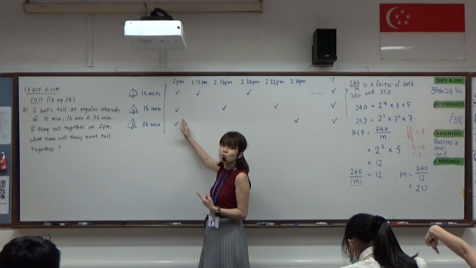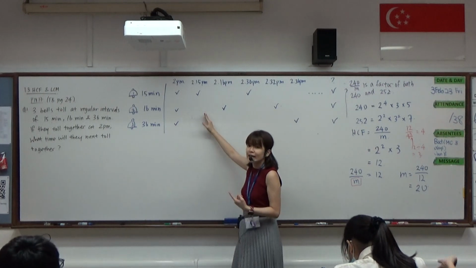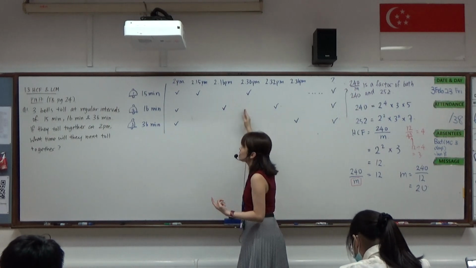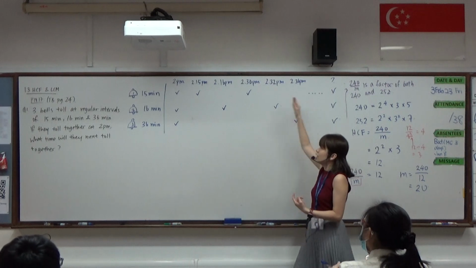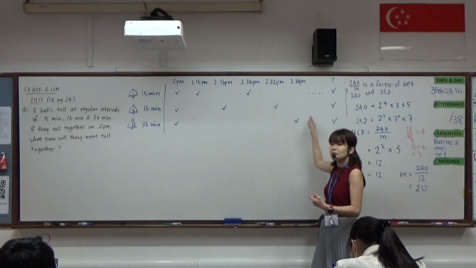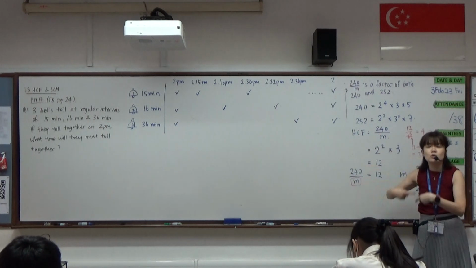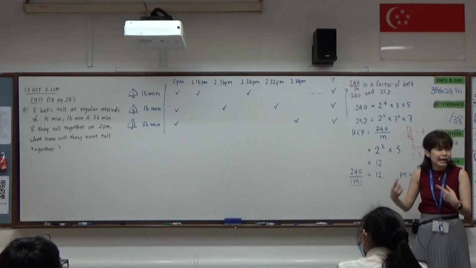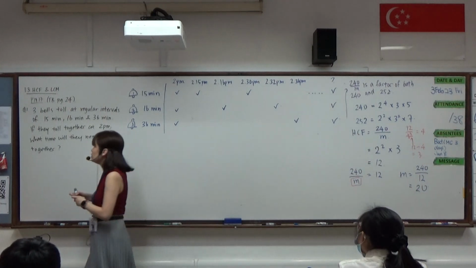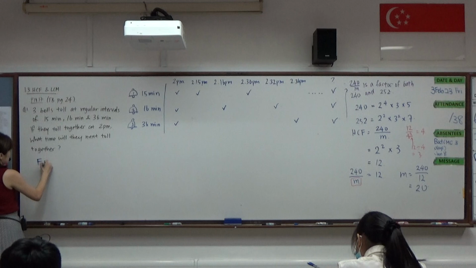It started off ringing once, then it rings a second time, then a third time. So it is going in multiples of 15 minutes, and for this one multiples of 16, and the last one multiples of 36. It is continuously going on, having the idea of multiples. That's why we are going to look for the LCM.